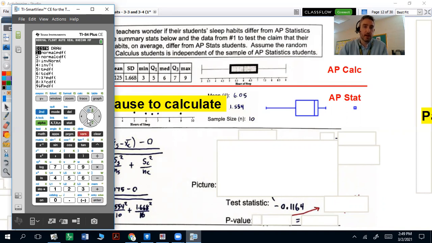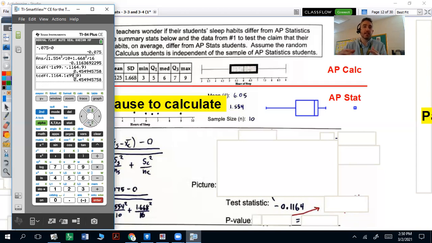If you were to do the tcdf and make the lower bound positive 0.1164 and the upper bound positive 1E99, keeping your degree of freedom 9, normal curves are symmetric. So we're really in a two-sided test calculating the over and the under, and we're doubling that p-value. So really you're going to have about 90%.